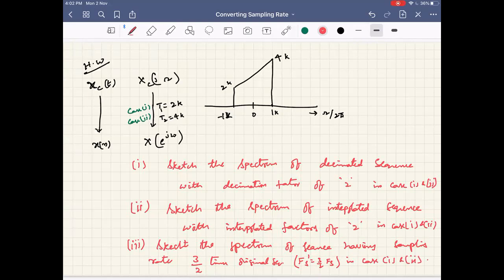So design the necessary filters in between for each of these processes.